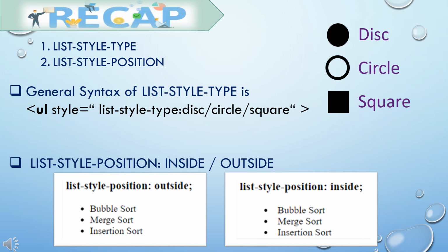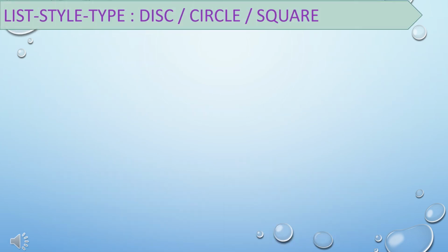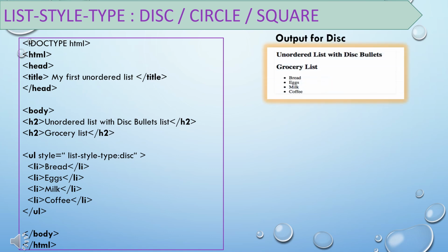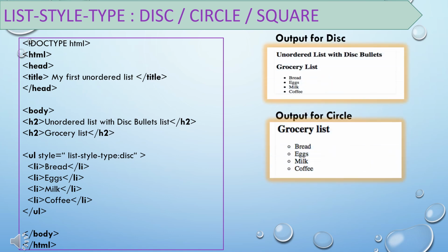Number 2, inside. This moves the bullet point inside the list item border area. Hope you had practically exercised list style type and list style position at home. Students, recap the HTML code we have already discussed in our previous lesson.